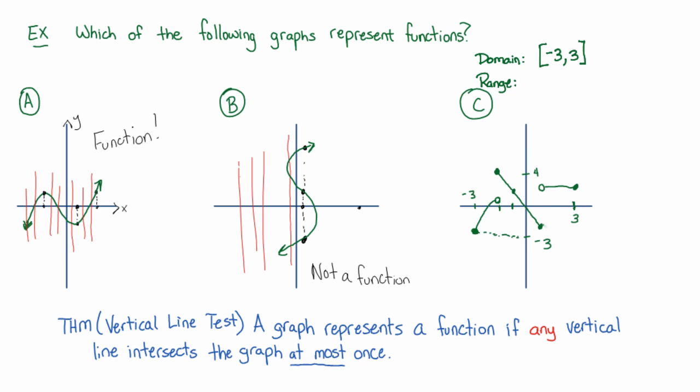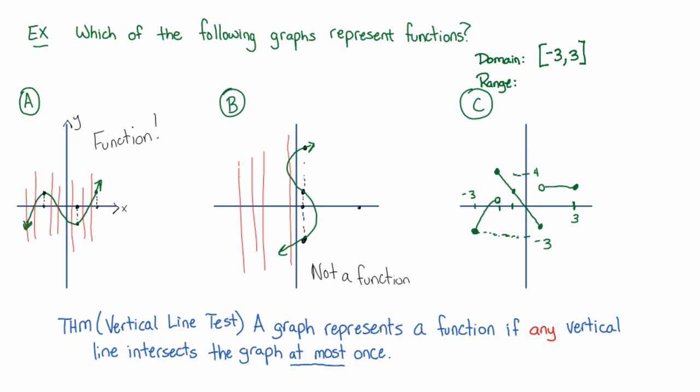So if I look at all these outputs here, let's see what's the lowest output or y value that I can attain. And if you look, I've labeled that as a height of -3. I can get all the way down to a height of -3. This graph doesn't actually exist below y equals -3. So there's nothing down here drawn. But now for every y value between -3 and +4 up above, I have part of the graph at that height.